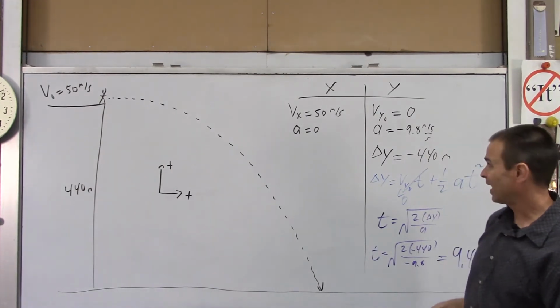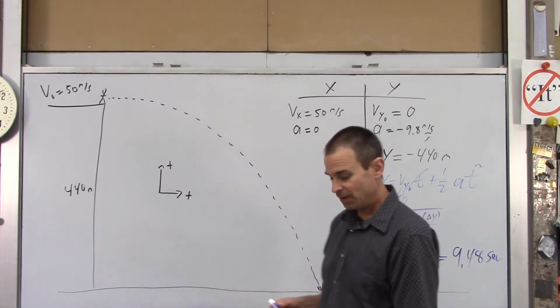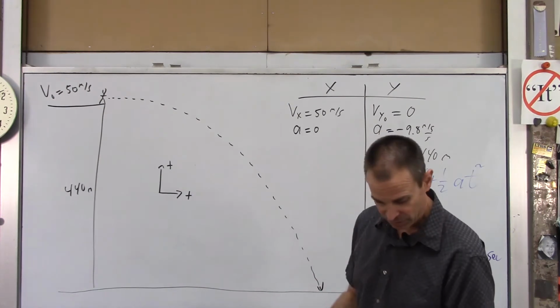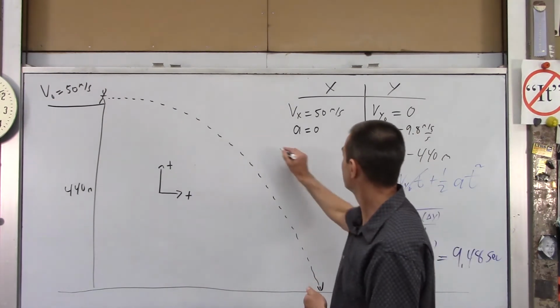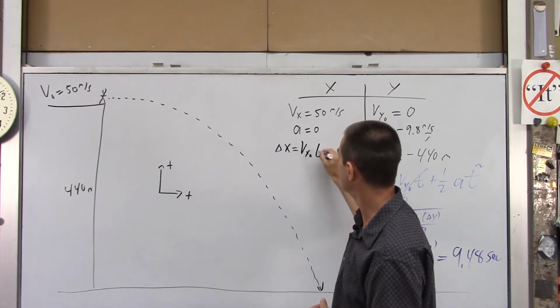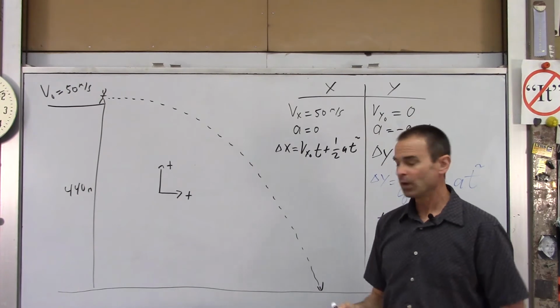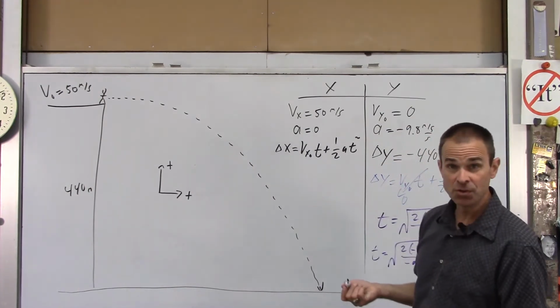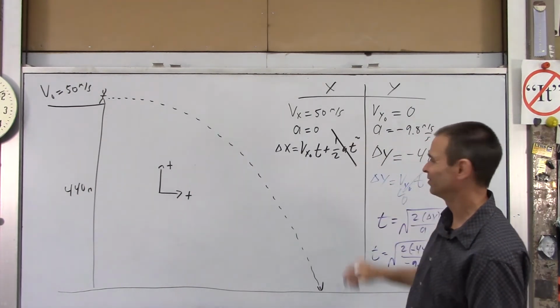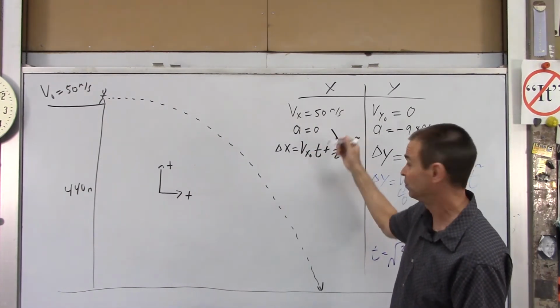Now, once we've got time, we can find where the book lands horizontally. For this one, we're going to use the same equation we just did. Delta x equals vx naught t plus 1/2 a t squared. Well, in the x direction, there is no acceleration, so this term is a goner. So it's really simple. And vx naught doesn't change, it's just vx.